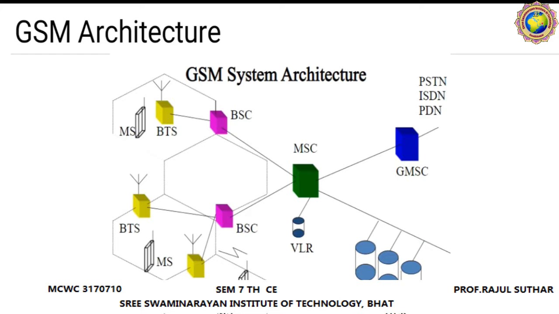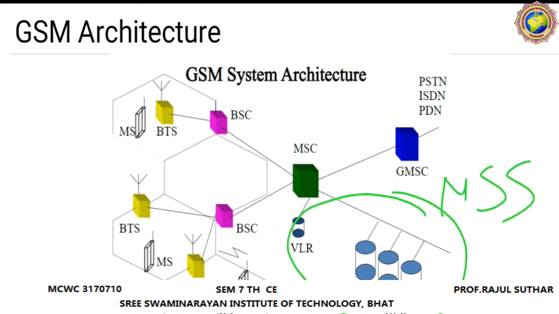All of this is covered by the BSS. Then the network switching center, this portion, is called the NSS. It covers the home location register, visitor location register, equipment identity, and authentication center.